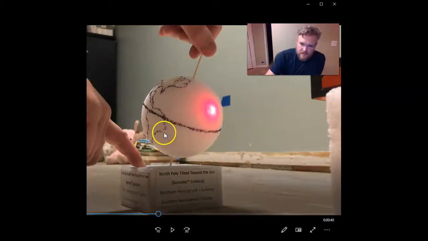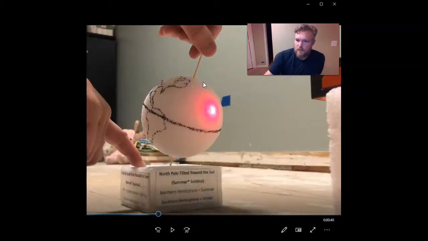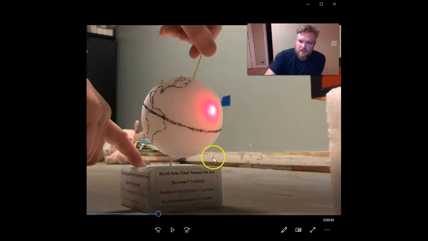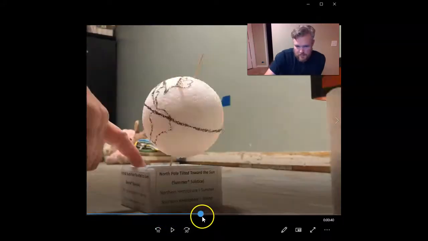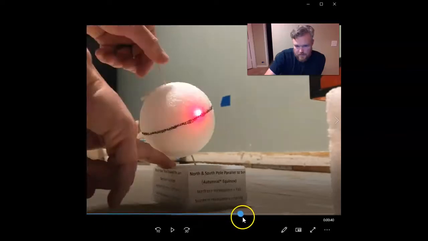Most of the lit up portion is in the northern hemisphere, so you're going to get 14 to 16 hours of sunlight versus 8 down to the south, right? To me, this kind of helps when you get to those middle points. It helps to kind of see it.